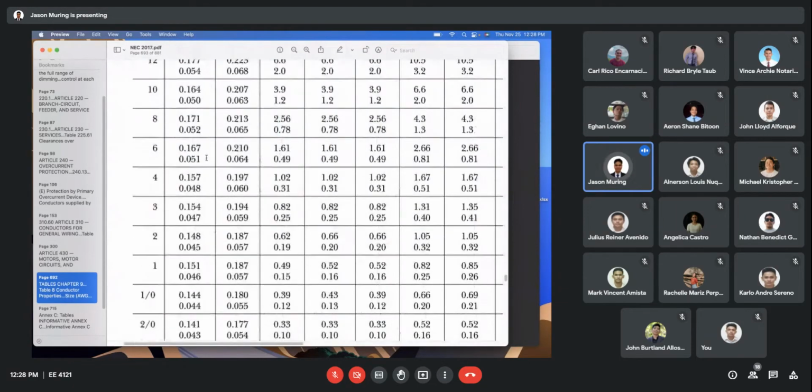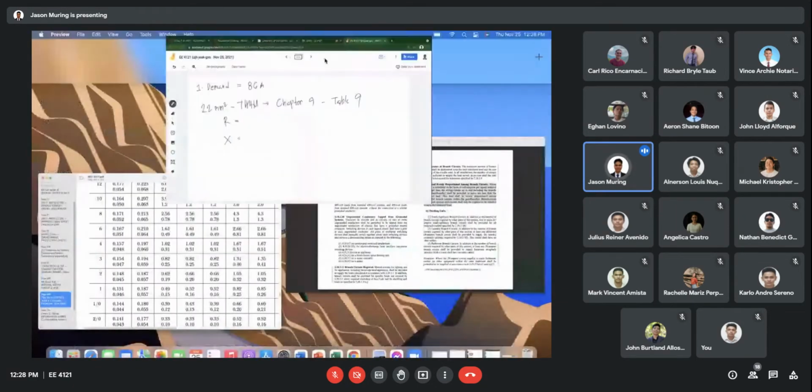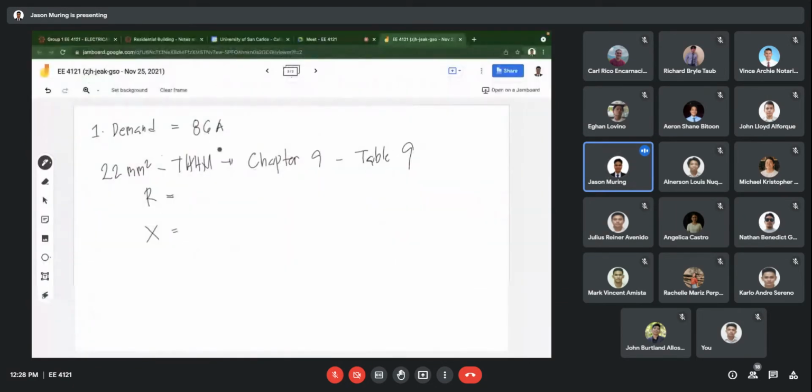Let's say we don't have a specification yet, so we also need to determine that. Anyway, later. Since this is per kilometer, let's say we are going to use per meter, or just 1 kilometer.